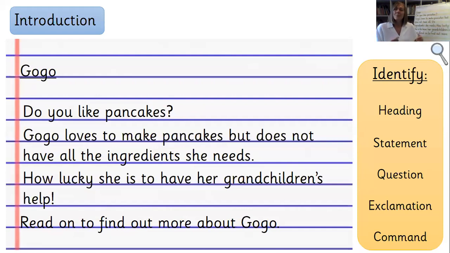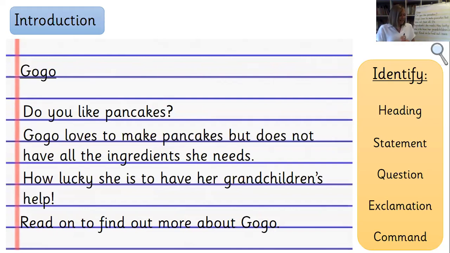My question was, do you like pancakes? It needs to have a statement. Gogo loves to make pancakes, but does not have all the ingredients she needs. It needs to have an exclamation. How lucky she is to have her grandchildren's help. And it needs to have a command. Read on to find out more about Gogo.